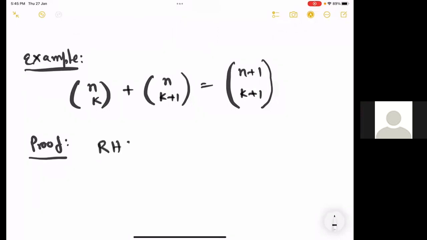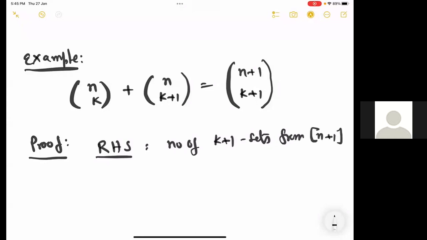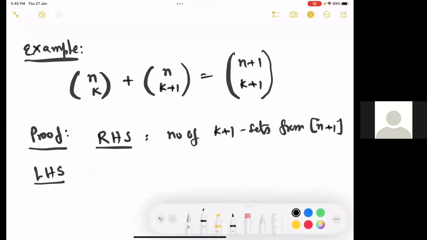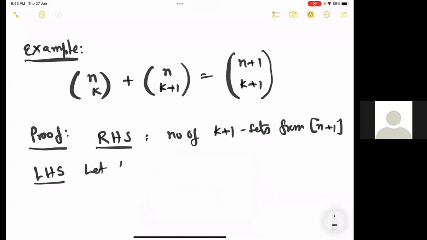So the RHS is the number of k+1 sets from n+1. And let's analyze the LHS. So the first case, as Rohan said, I can fix any number.